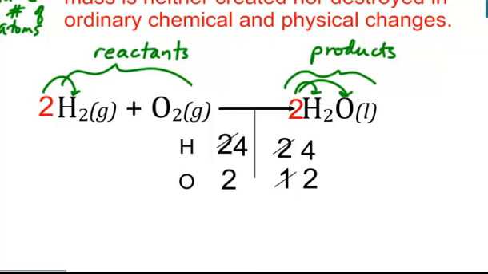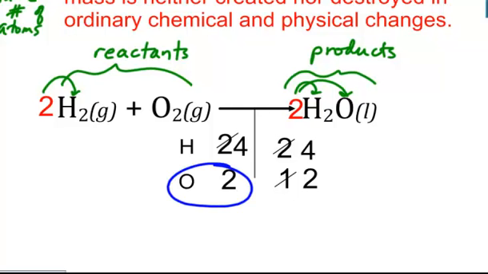Okay? Now, the plus sign right here does not get affected. This does not affect the oxygen gas. So, let me erase that. The 2 only affects the hydrogen. All right, so I'm not going to change my numbers here.